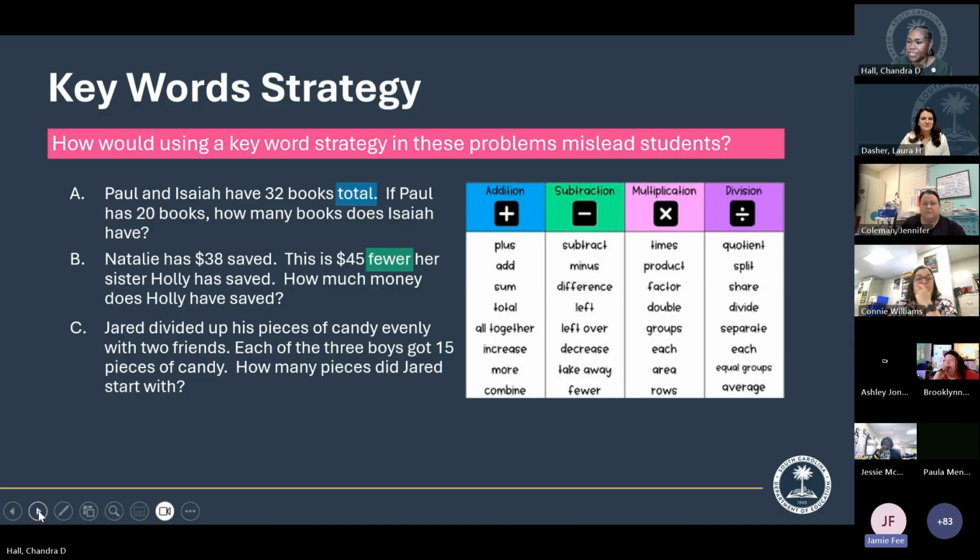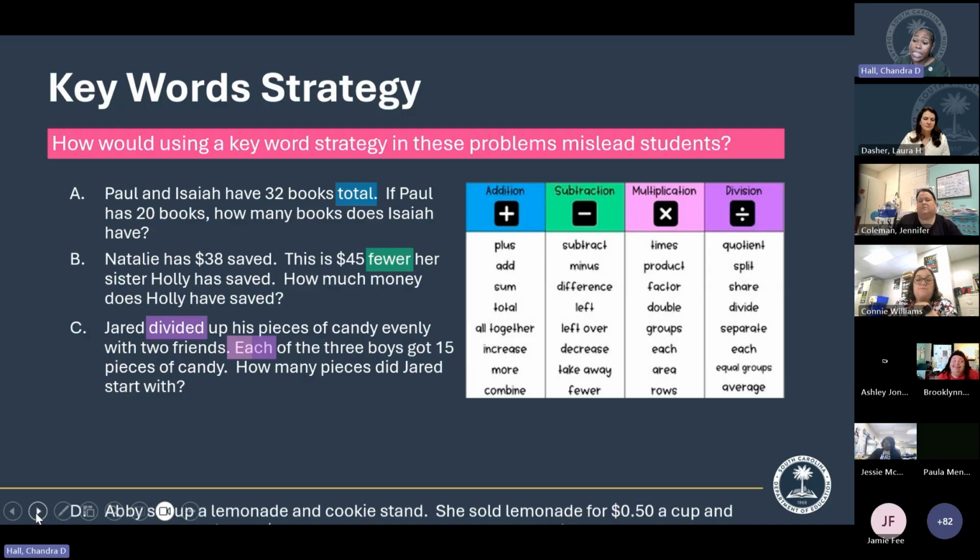Ooh, each. We see each there. Did we see divided in there? Okay. And if you notice, each is telling me to do two different operations. Am I multiplying or am I dividing? So see how tricky using keywords can get for students.